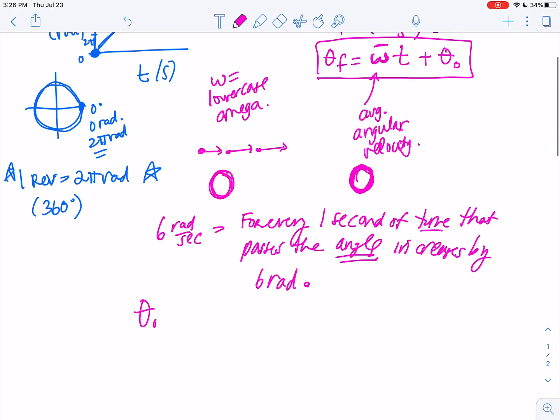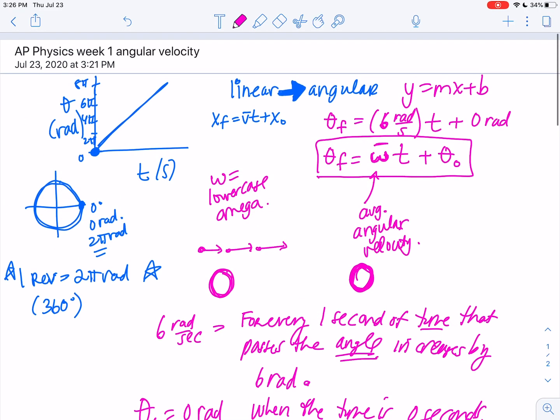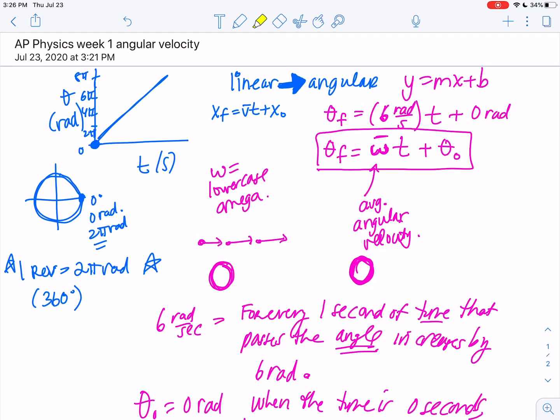And your theta naught, 0 radians, would be when the time is 0 seconds, the angular position, or the angle, is 0 radians. Angle, angular position, you say however you want. Notice though that these two equations are literally exactly the same equation, but instead of x, you have theta, and instead of v, you have omega.